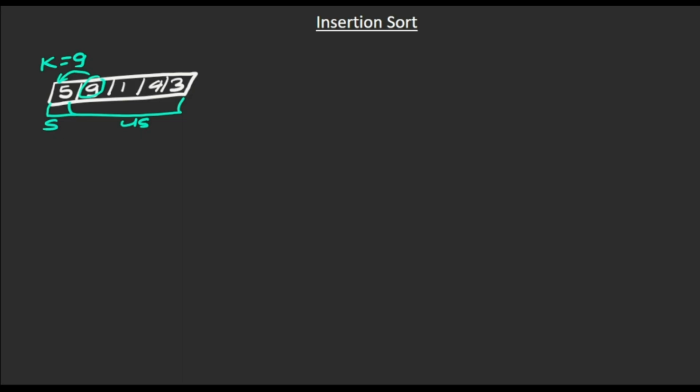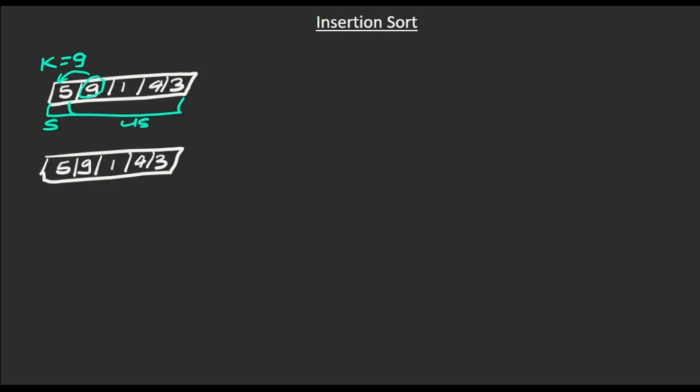So we will compare 5 with 9, but since 5 is lesser than 9, there won't be any shift that is going to happen here, so it will remain like this. Okay, so our array will remain like 5, 9, 1, 4, 3, right?